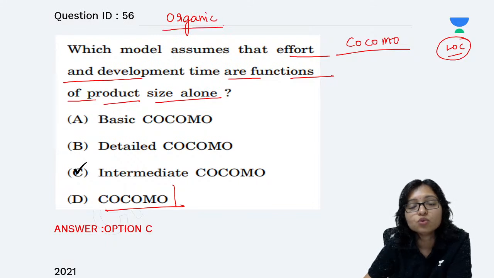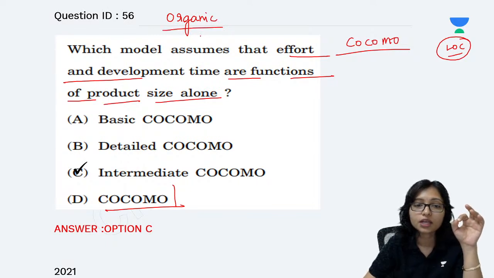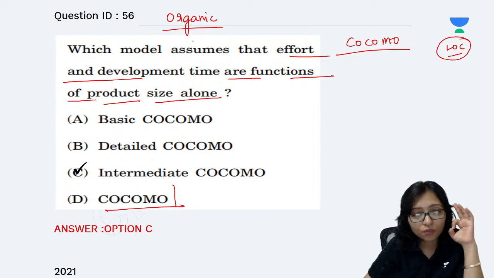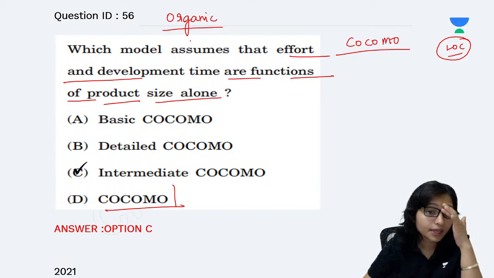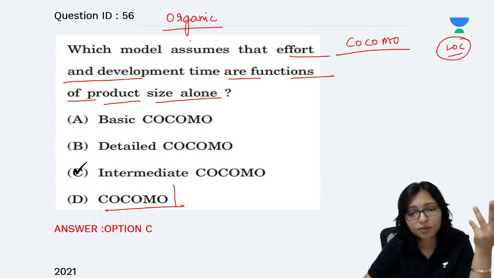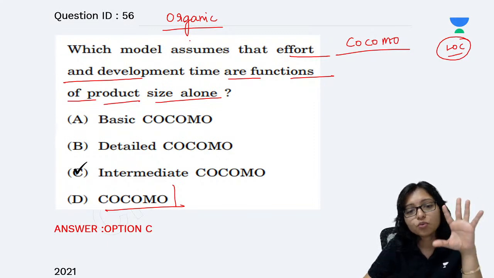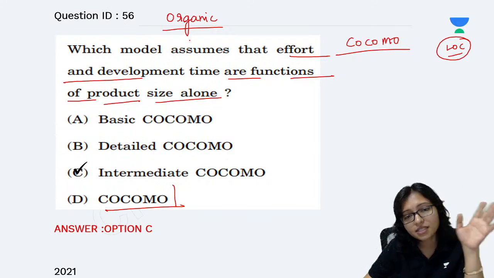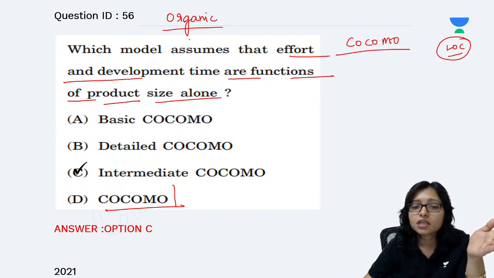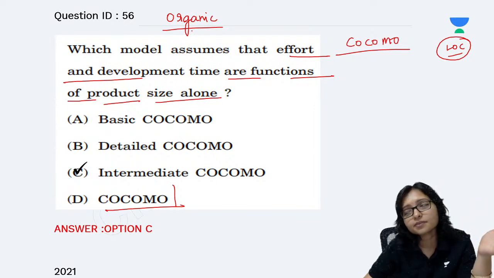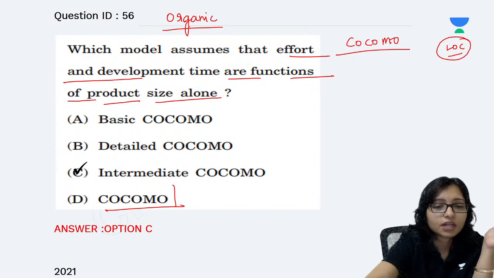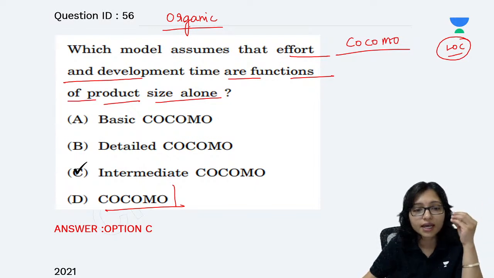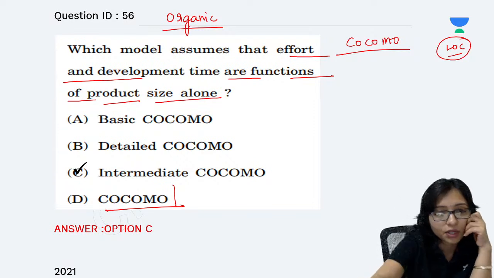Software is said to be organic when the team size is small and the problem is one the team has experience with, like a problem you did previously. Semi-detached means some of the knowledge from before is used here, but the problem is a little bit different. Embedded means it is totally different, when the project's complexity is totally different, then we come to embedded.